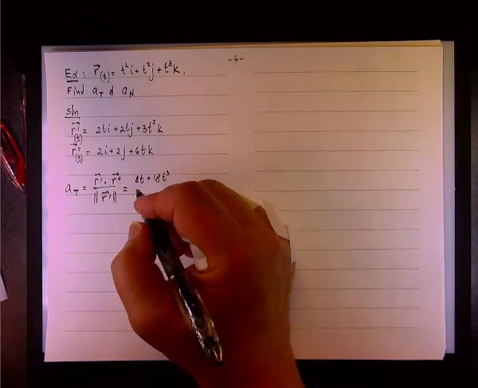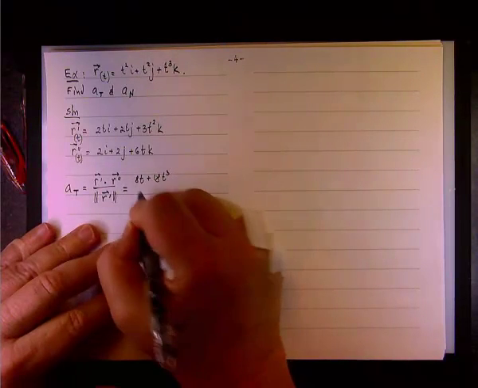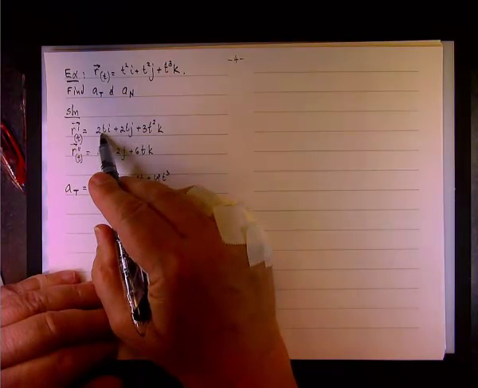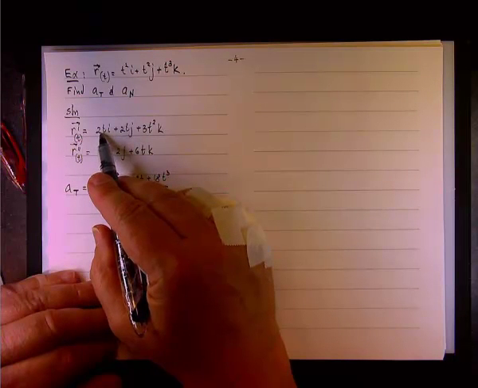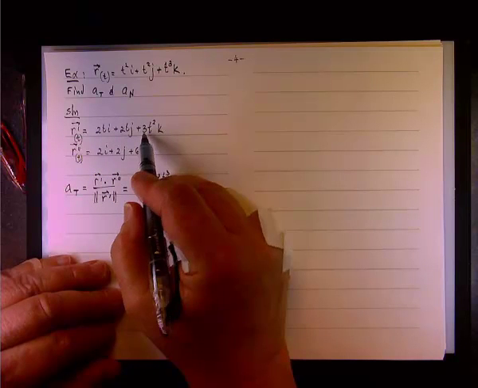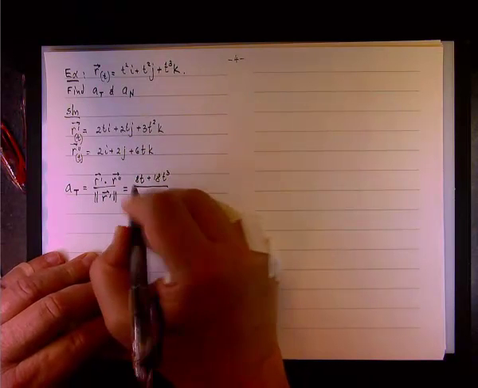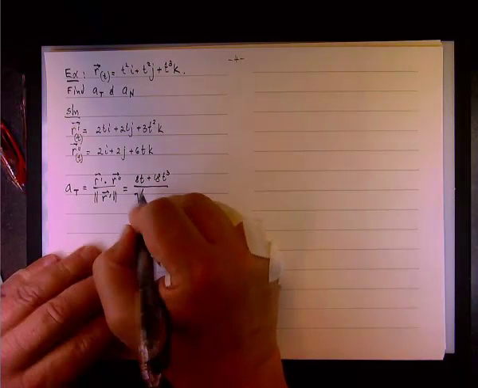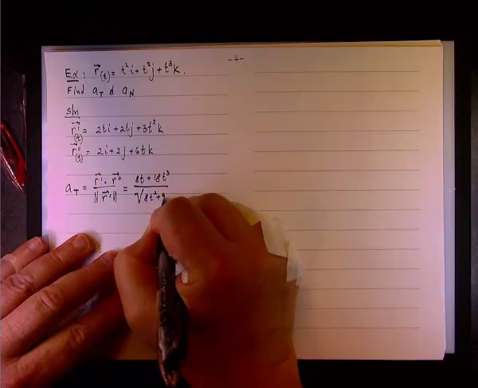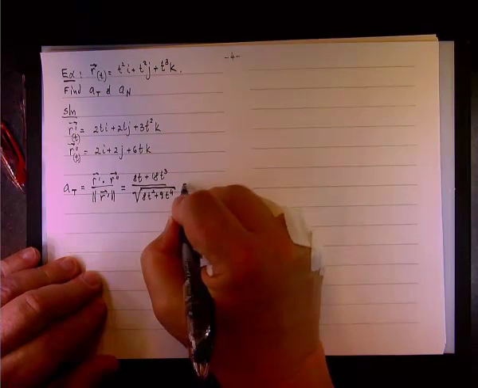Okay, and we need the magnitude of r prime. So the square root of 4t squared plus 4t squared plus 9t to the fourth. So we'll write it as the square root of 8t squared plus 9t to the fourth.